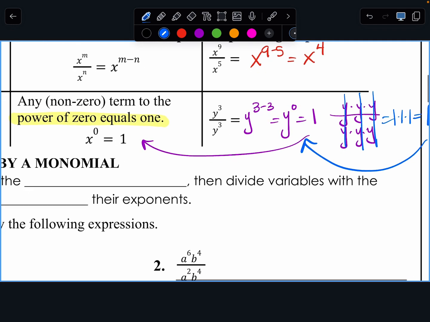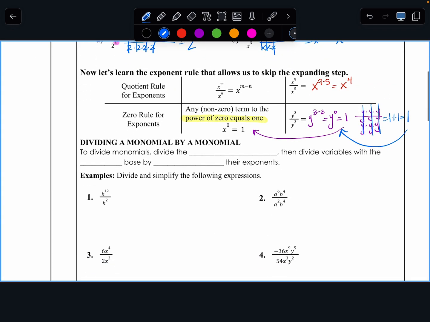Monomial is a word that means one term. So mono is one term. Poly is many. So to divide monomials, we divide the coefficients.